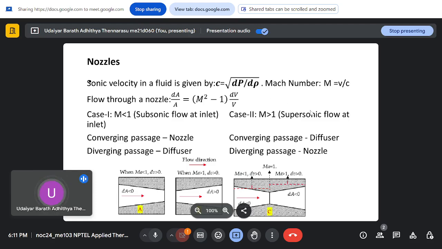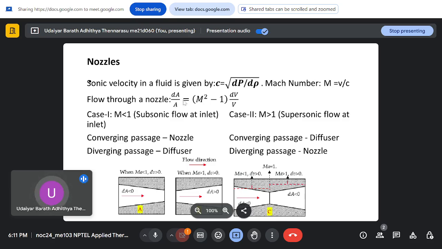If velocity is equal to the speed of sound, it's called sonic, and if it's more than the speed of sound, it's called supersonic, and if it's less, it's called subsonic. So by straight away finding M, we can find out which kind of flow that is.